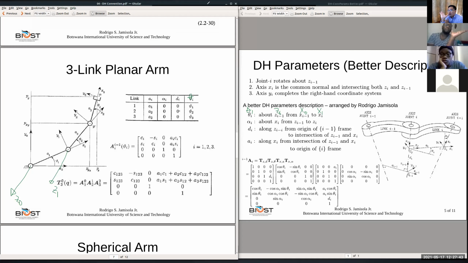Hold the thumb and rotate, sweep along X1. This is X0. You rotate to X1. Do you see that? Now your 4 fingers are in the direction of X1.